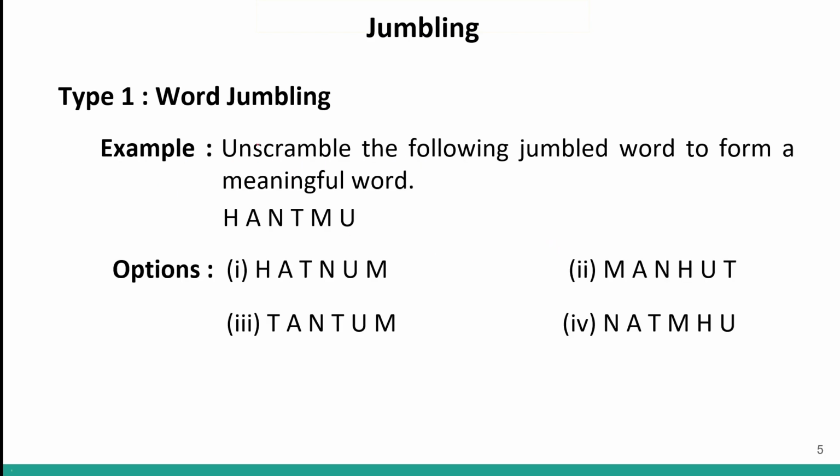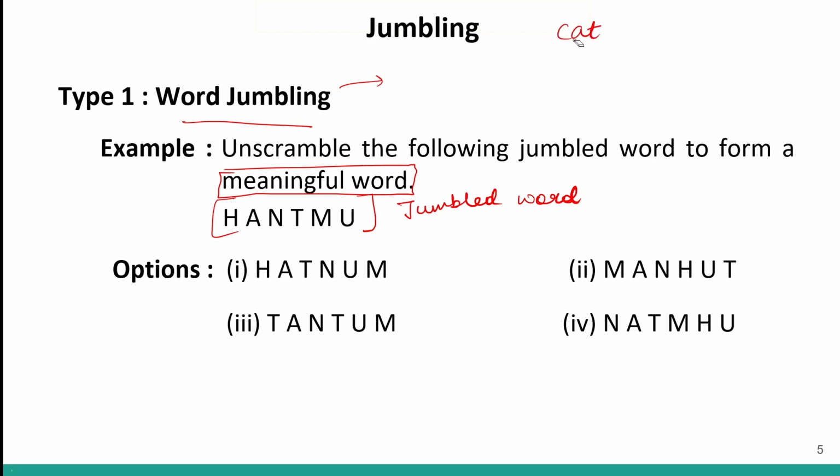Start with word jumbling. Word jumbling means basically we are given a jumbled word, and we have to unjumble it or unscramble it to form a meaningful word. So all the alphabets in a word could be something like this. So we have a word cat, right?